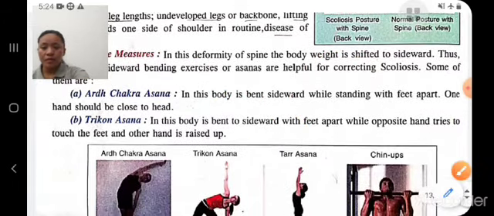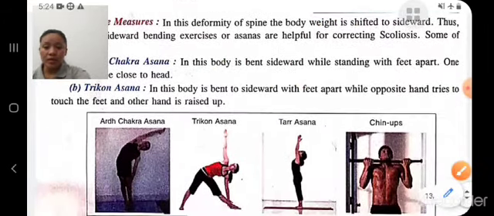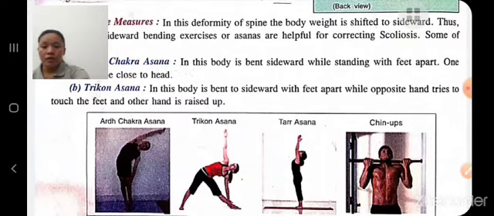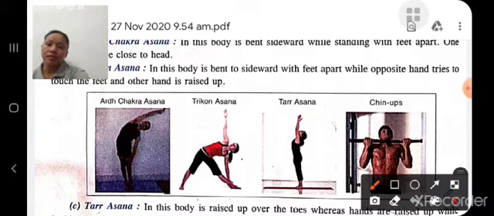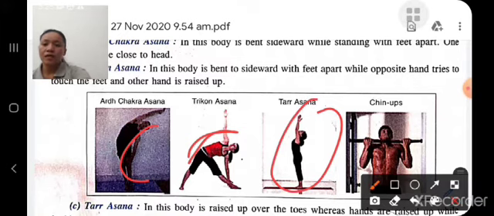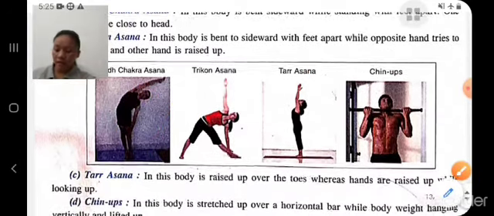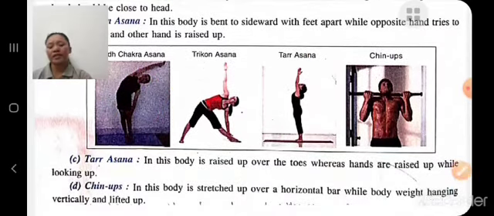Some asanas like Trikonasana, if your spine bends to this side, then do the asana on this side. Tadasana, Ardha Chakrasana, chin up, etc. These are some asanas for correcting scoliosis.